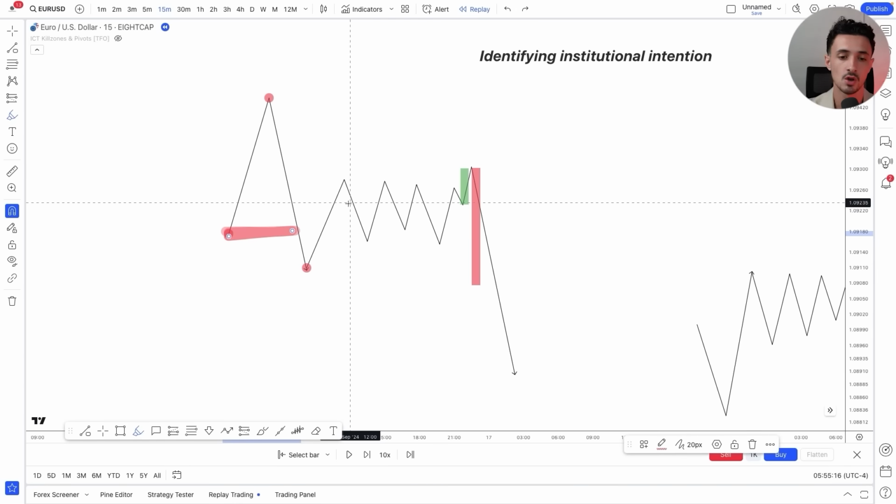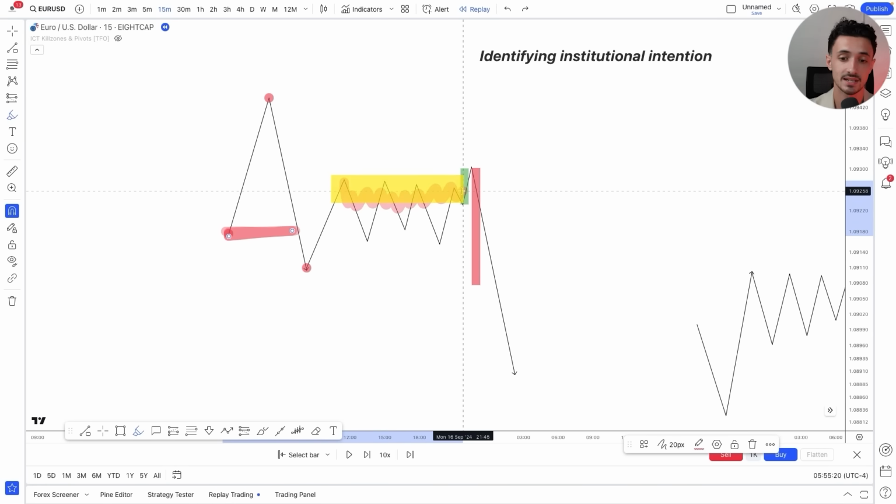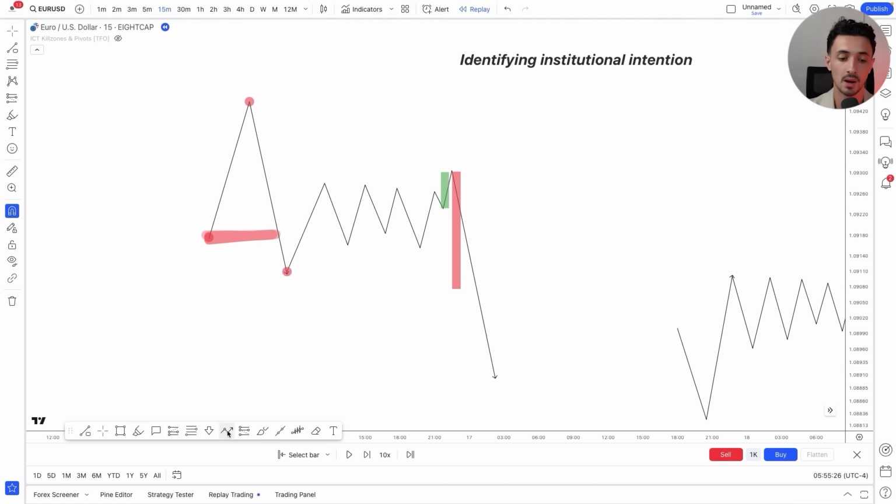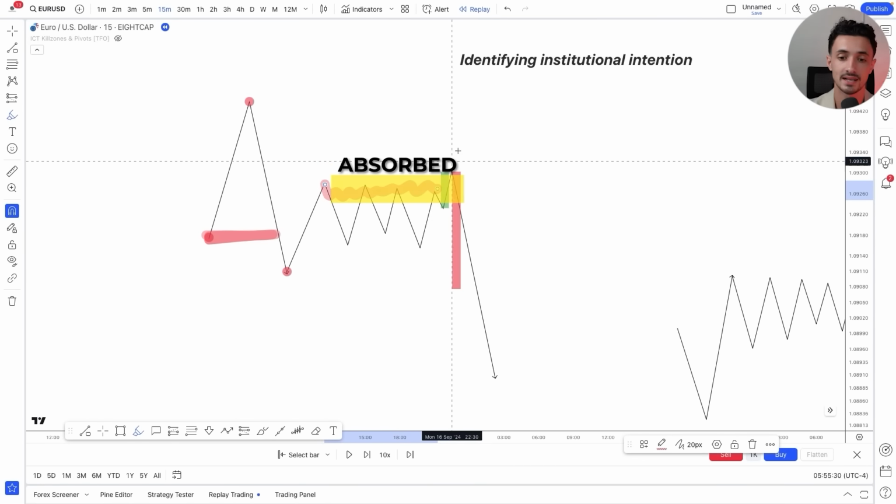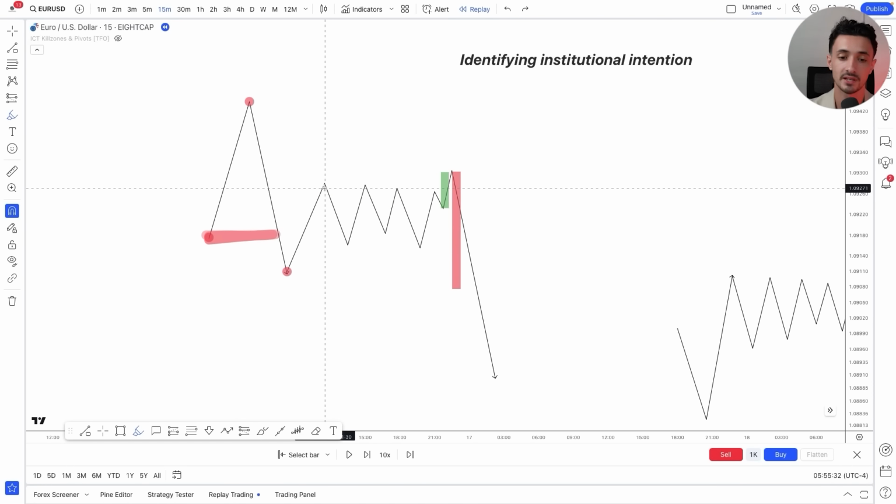What does that mean for price? Well, all of these buys that are sitting inside of this range are being met and settled by the institutional intention. They are being absorbed by institutions. Why are they doing that? Because the institution wants to get involved in the market when there are a lot of people on the other side of the market to take on the orders.